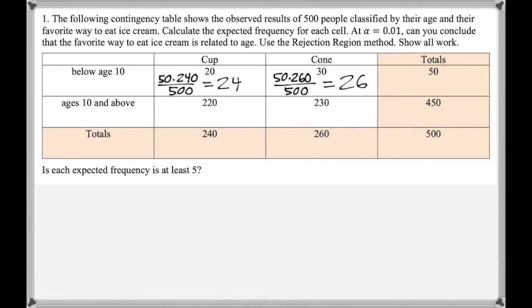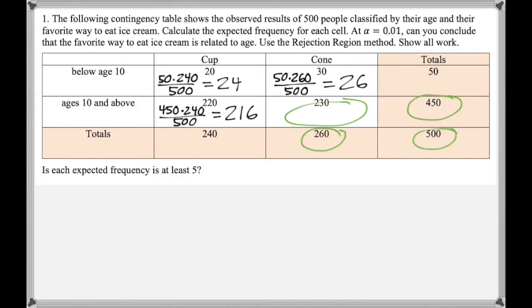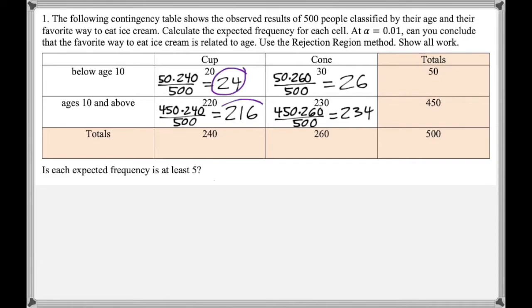And that is 26. For the third cell, we have to take 450 times 240 divided by 500, which is equal to 216. And for the final cell, we have to take 450 times 260 and divide it by 500, which is 234. And all of these expected frequencies are at least 5.